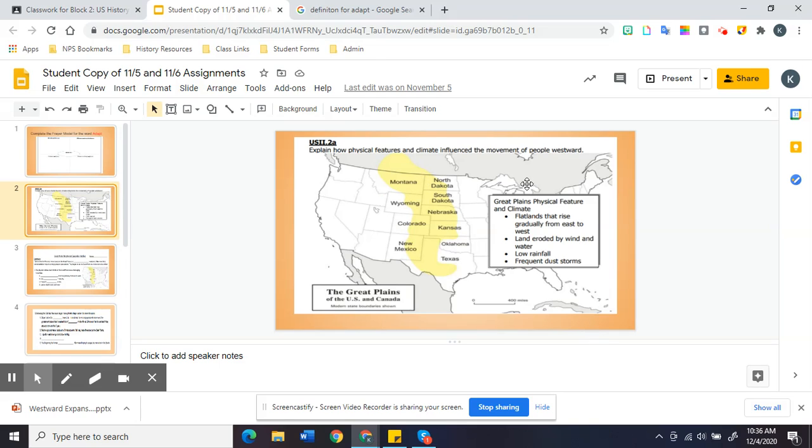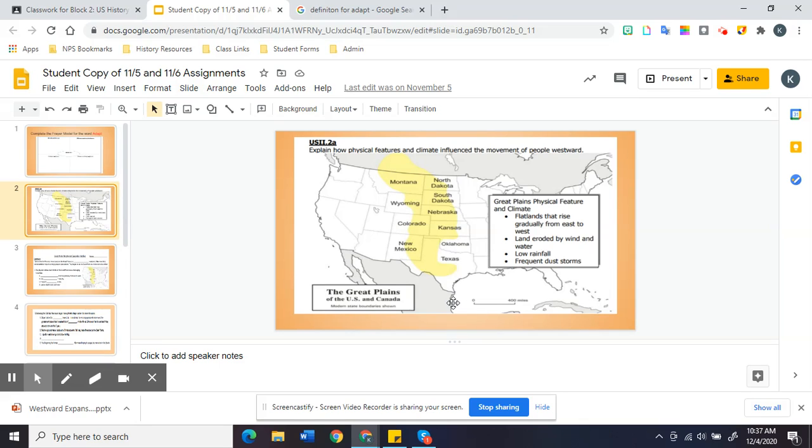So its physical features include flat lands that rise gradually from east to west, because the farther west we get, the closer we get to the Rocky Mountains and then the Sierra Nevada. So we got all this flat land because the only mountains we have are the Appalachians up here, and then it just gets flat and flat. But slowly, as we move from east to west, we get that gradual rise because we're getting closer to the Rocky Mountains.